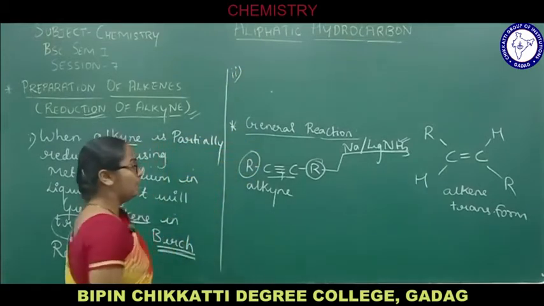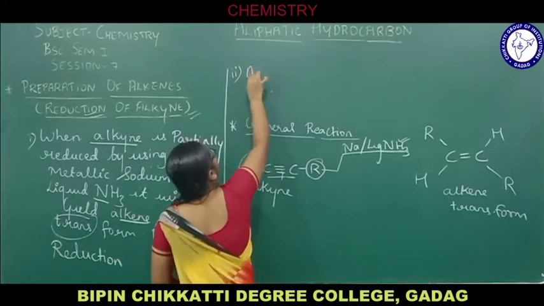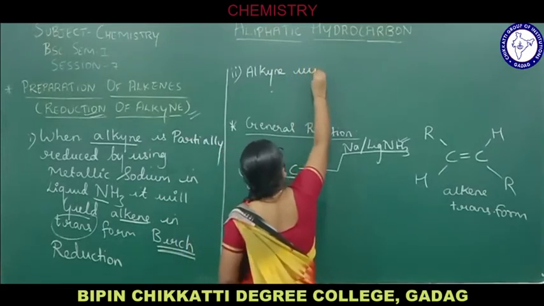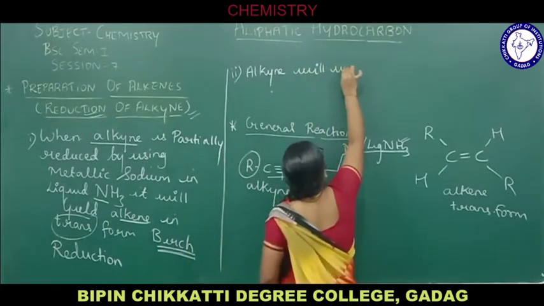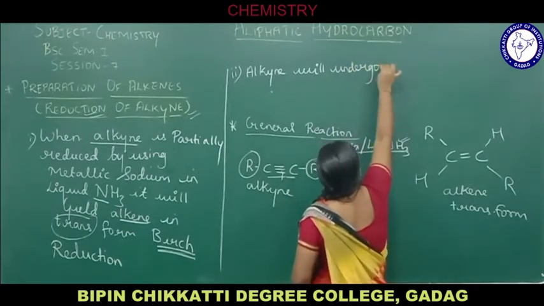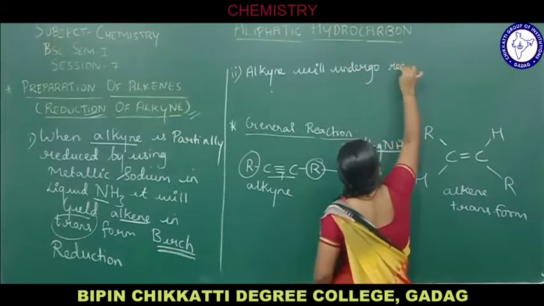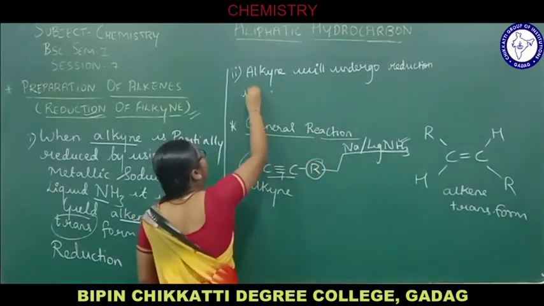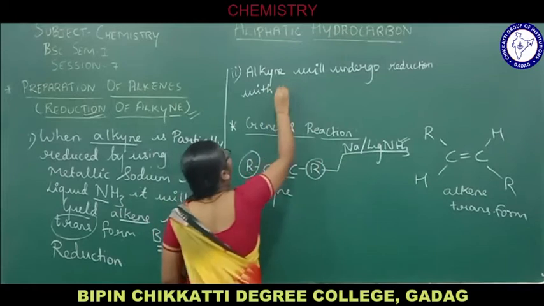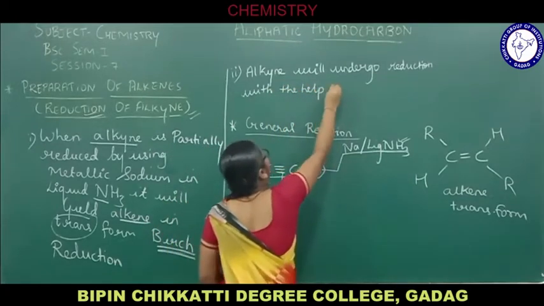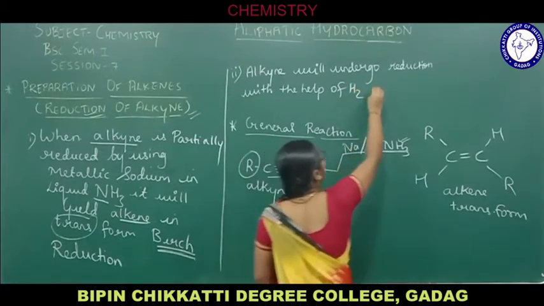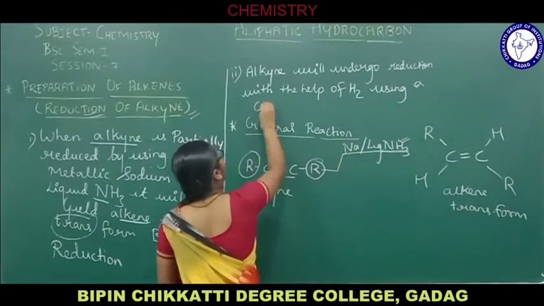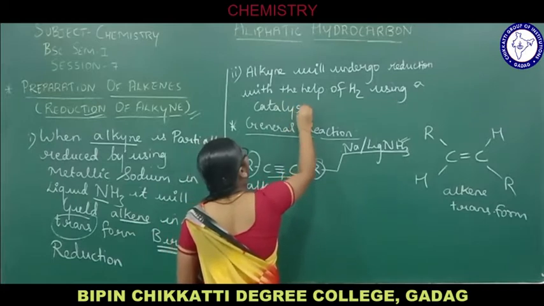Now here also the alkyne will undergo partial reduction, a reduction with the help of hydrogen, using a catalyst called palladium.